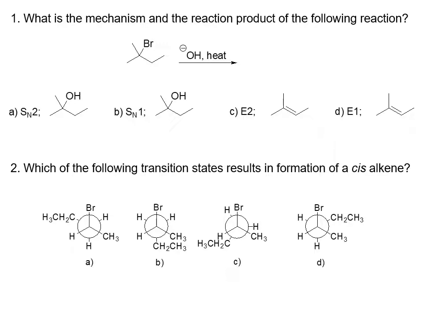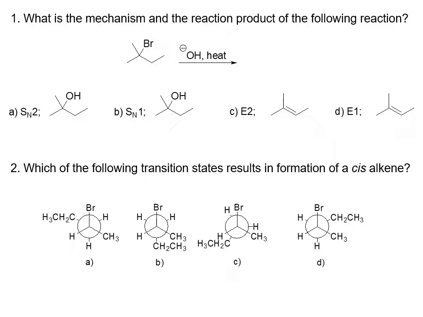First question, what is the mechanism and the reaction product of the following reaction? Here we have a tertiary compound, 2-bromo-2-methylbutane, and the reaction is with hydroxide and heat. Hydroxide would indicate that the reaction mechanism is bimolecular if it's an elimination reaction, because it's a strong base.